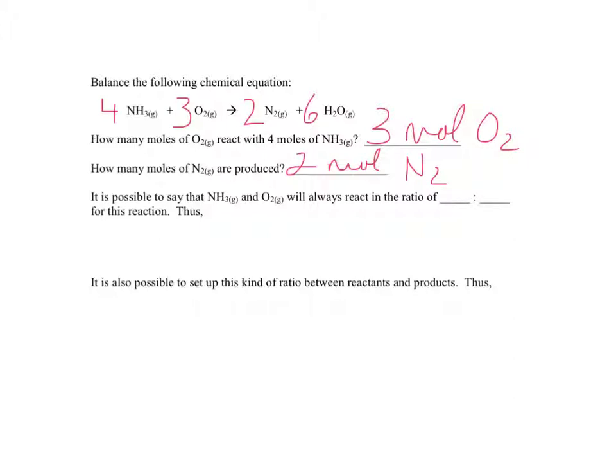So it's possible to say that ammonia and oxygen will always react in the ratio of 4 to 3.